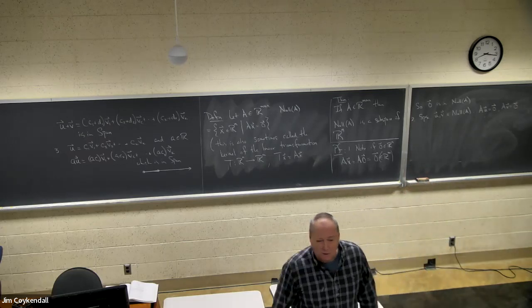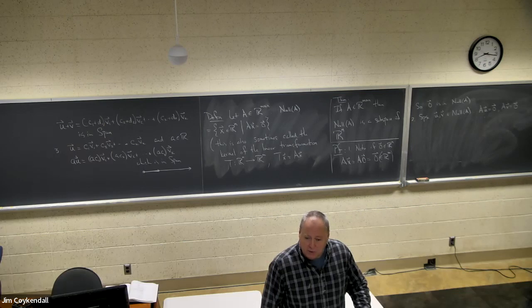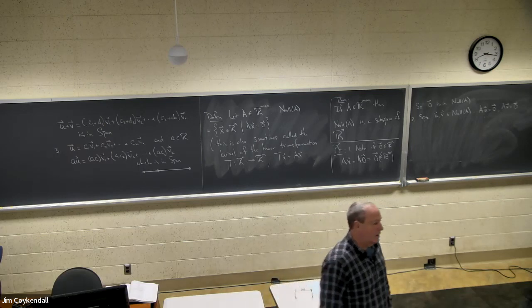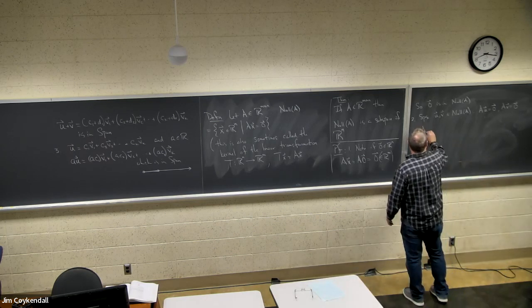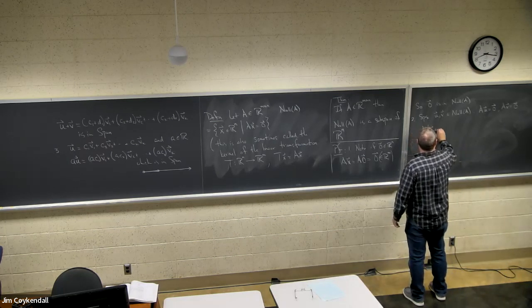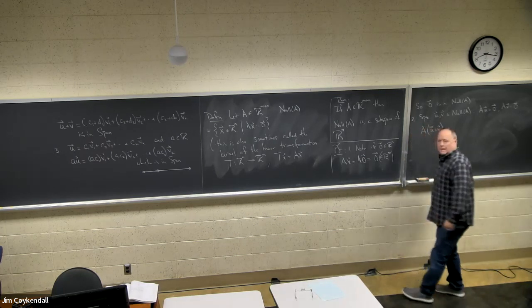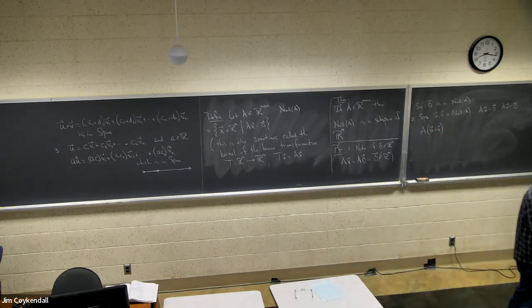Now what we need to do is show that u plus v is still in null A. Let's check u plus v and see if it's still in the null space. What do you suppose my next move is going to be here? I multiply A times u plus v. What's that equal to? Just distribute it.